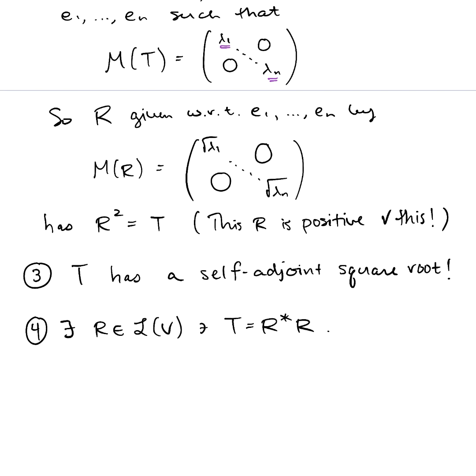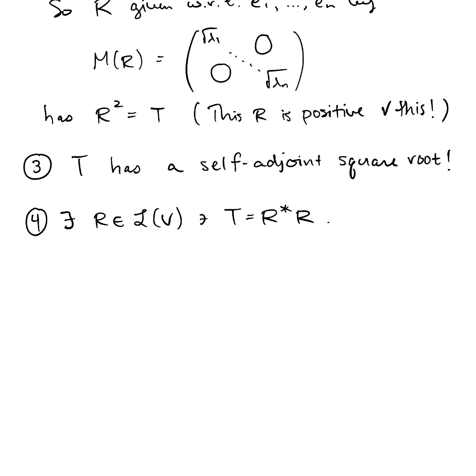Now, we mentioned that fourth fact because check this out. Fifth fact. From fact 4, you see that T star is R star R star star, which is R star star.